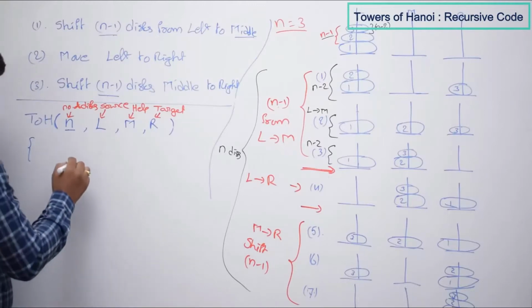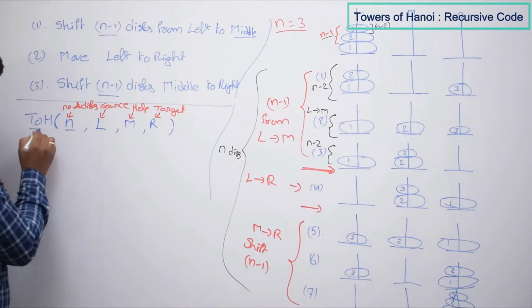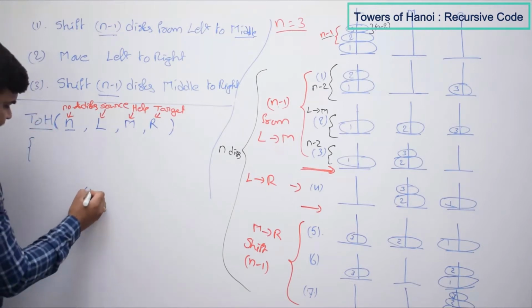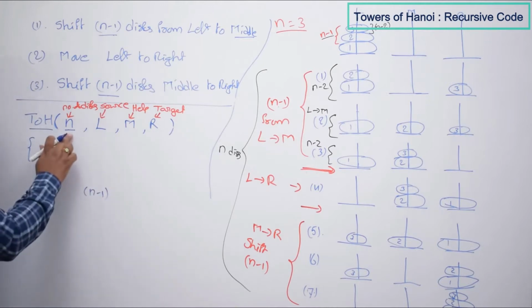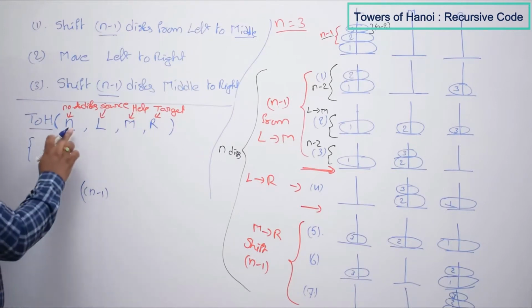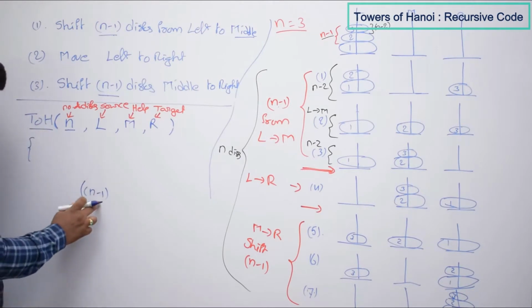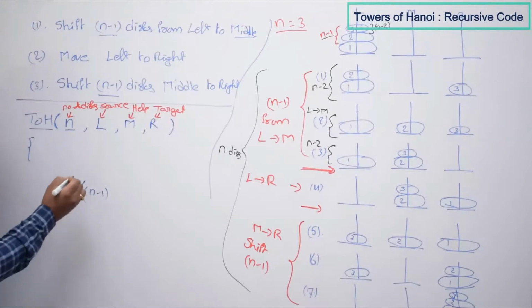To shift n disks we used the function name Towers of Hanoi, and to shift n-1 disks also we will use the same function.